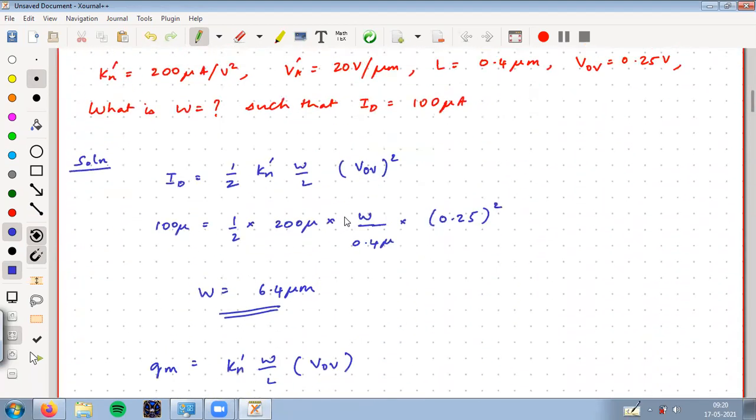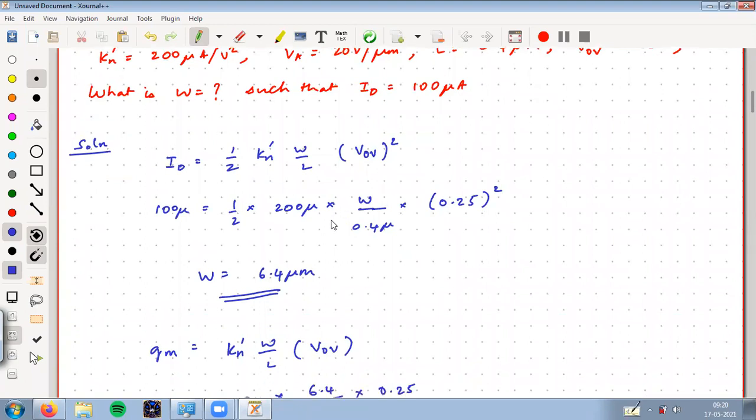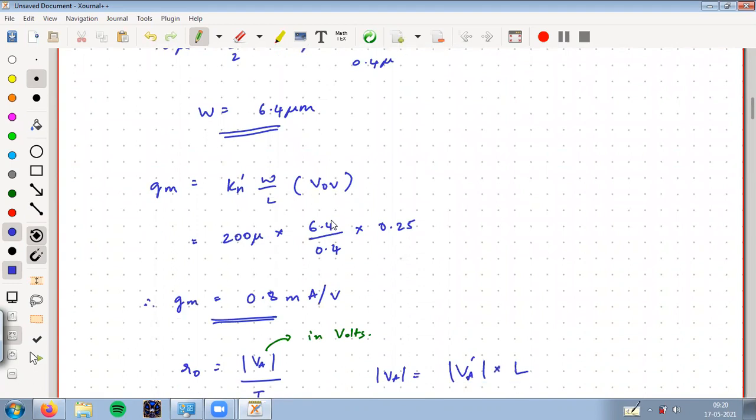Simple problem. All we did was find the width value, find the drain current, find the GM value, and find the R naught value. And the circuit diagram for this is actually very simple. It is the one which we saw earlier.